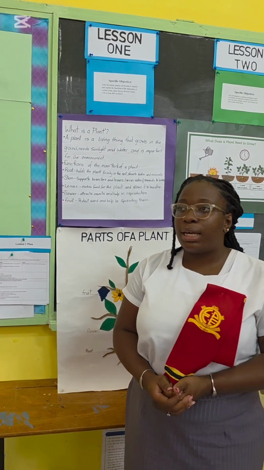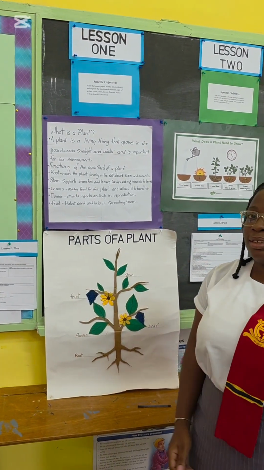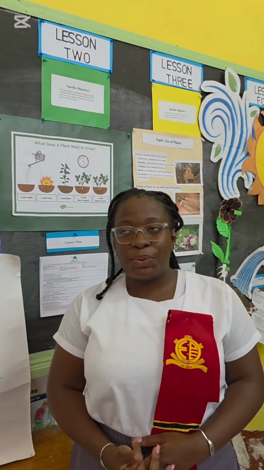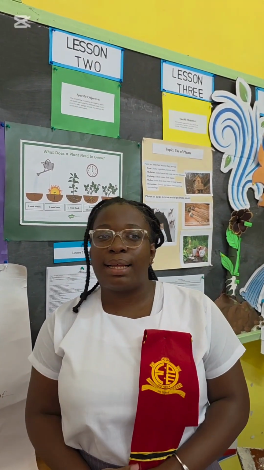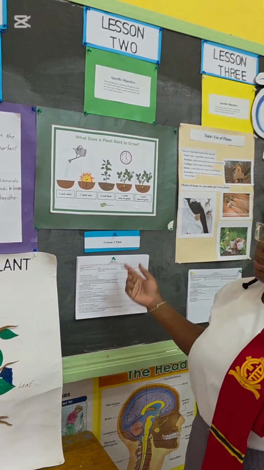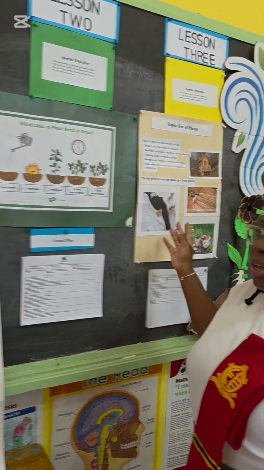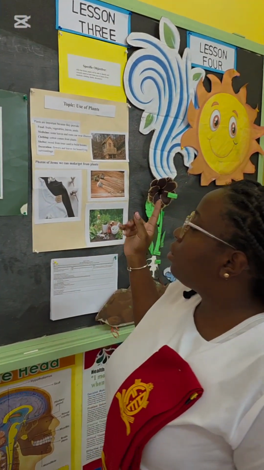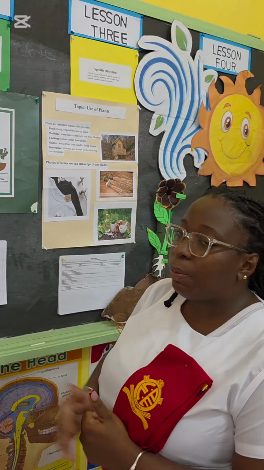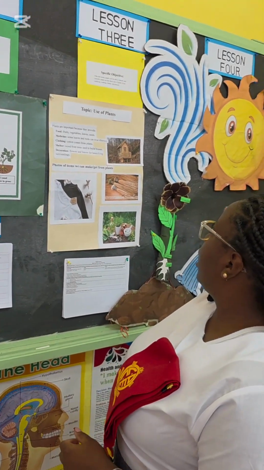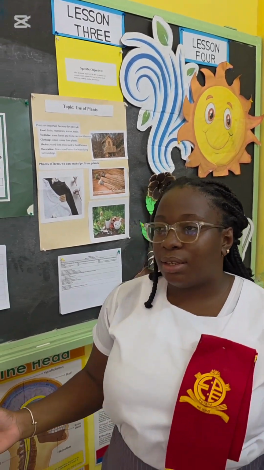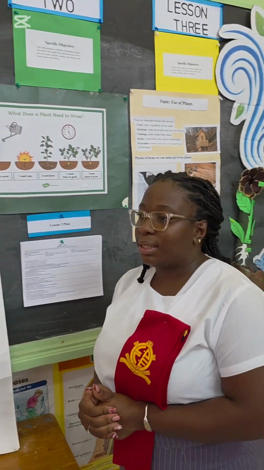On day two, I looked at what plants need to grow. Day three, I looked at the uses of plants. What are some things we use plants for? Day four, I looked at how plants make their food, basically the process of photosynthesis.